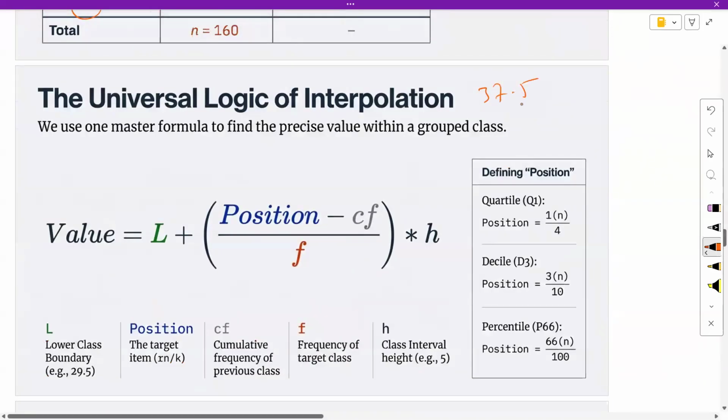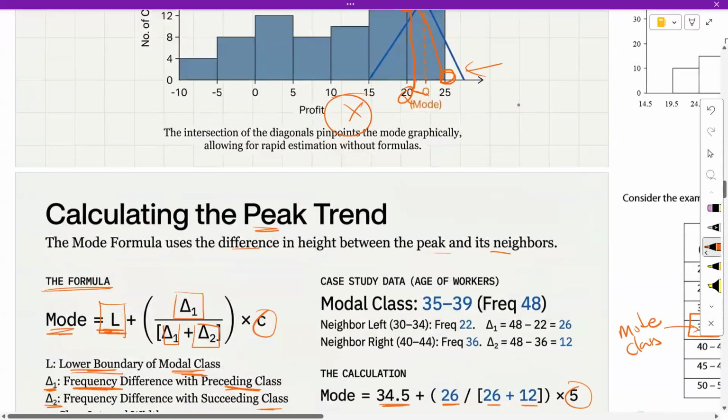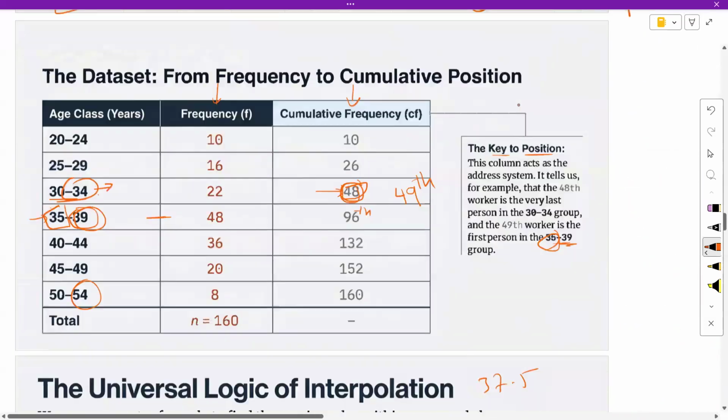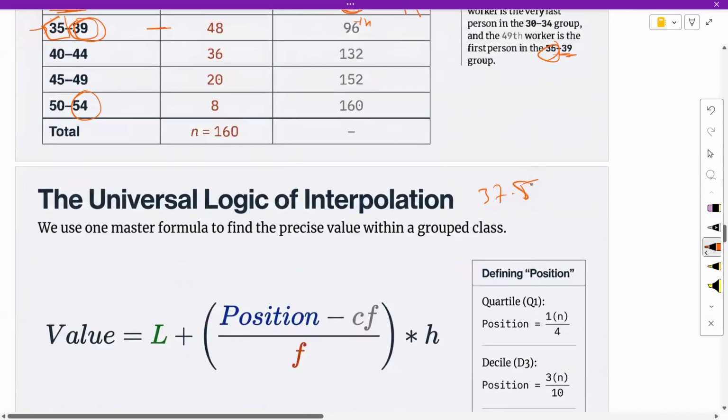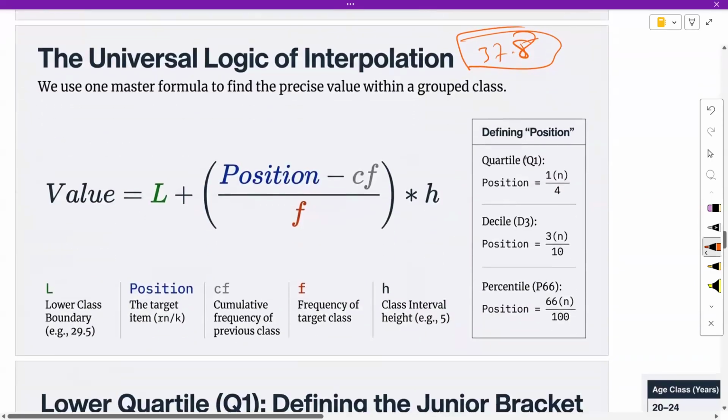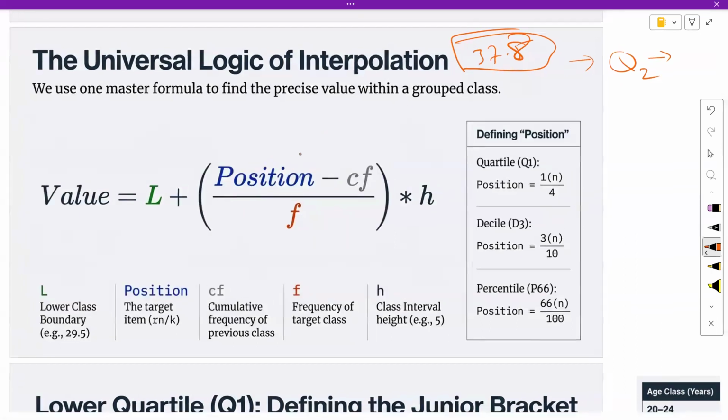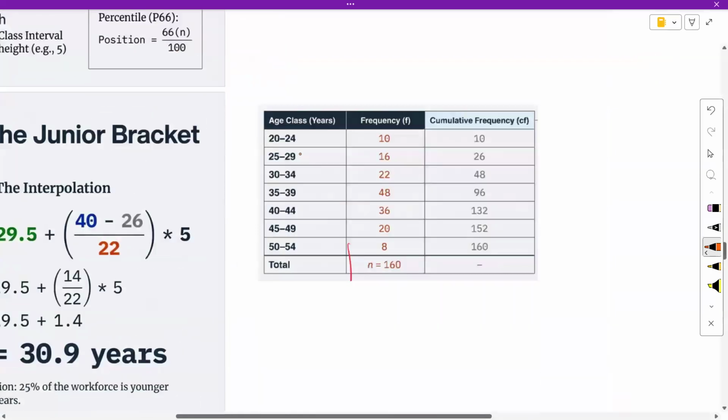Median is Q2, right? We apply that in the data set.